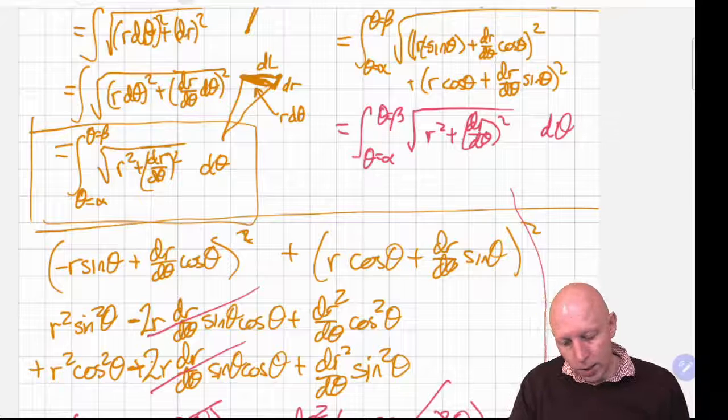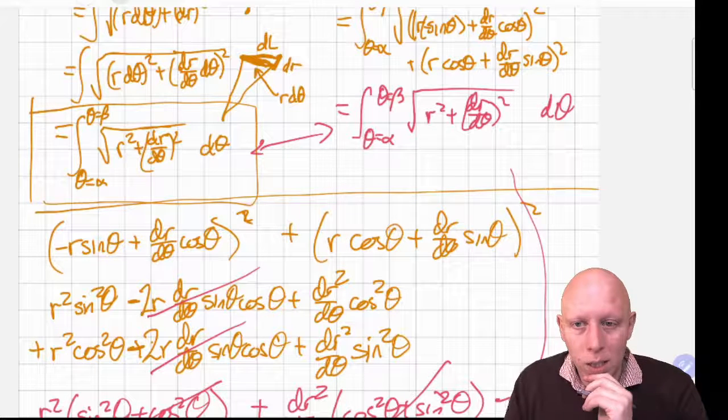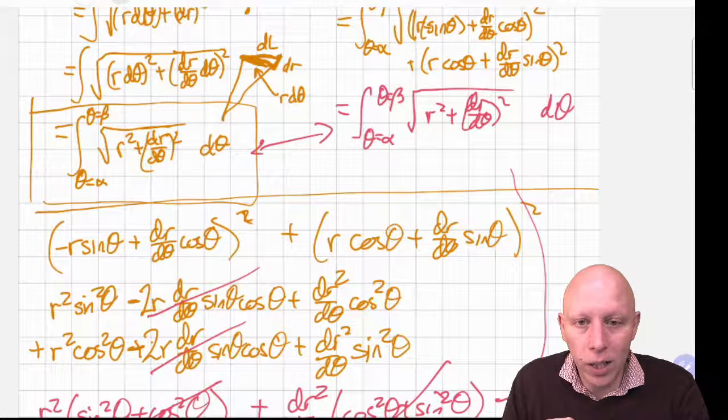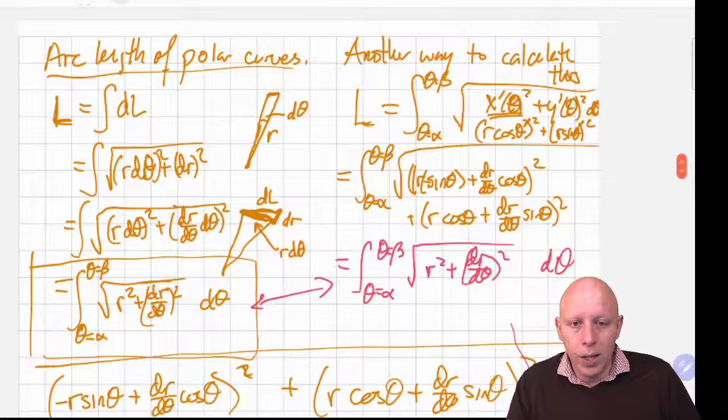So we can see that in both of these ways we get the same answer for the arc length of a polar curve. All right, so let's stop there for now. We'll do some more calculus on polar equations shortly. See you soon.